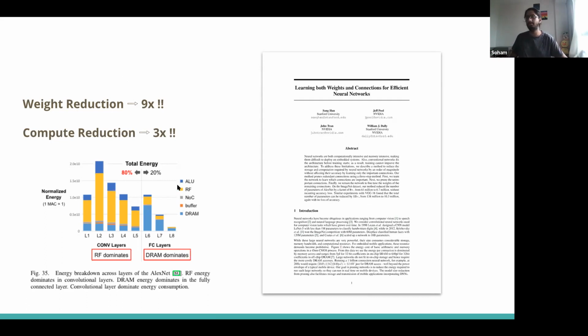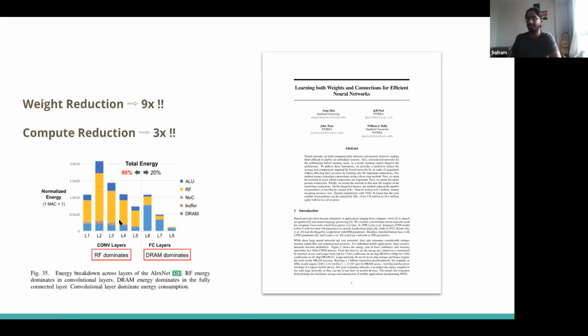I also wanted to explain to you a bit about the importance of weight reduction. So this is a breakdown of the energy that it takes to execute a neural network on hardware.